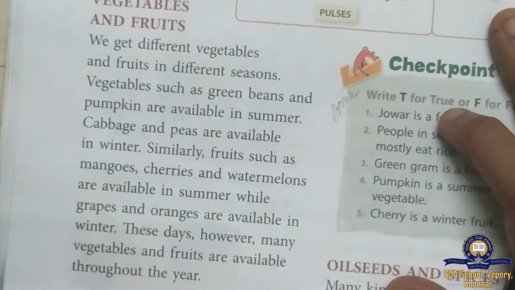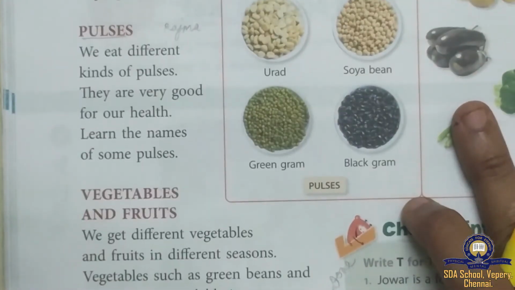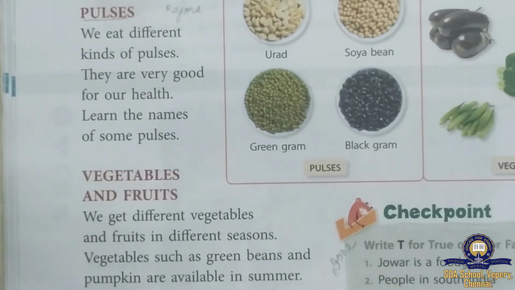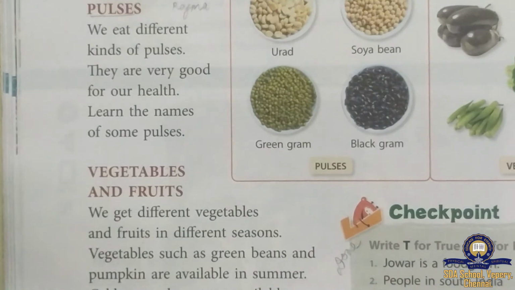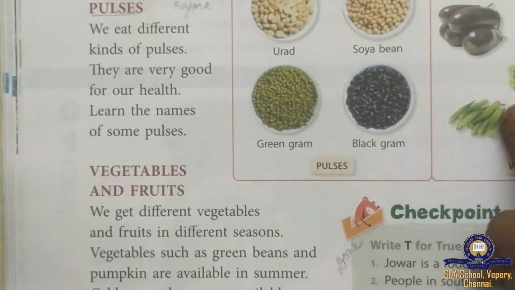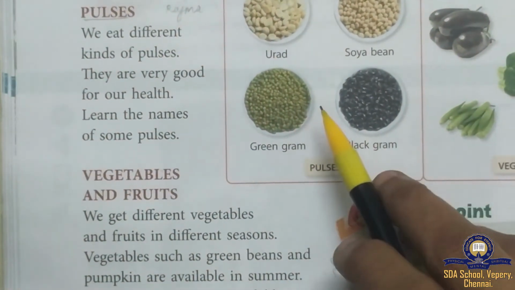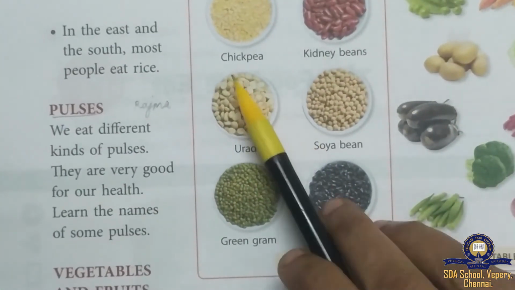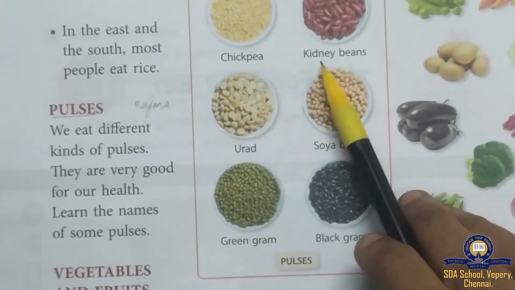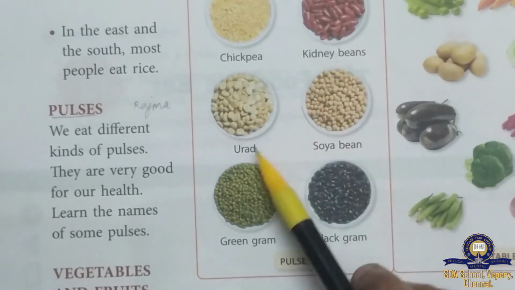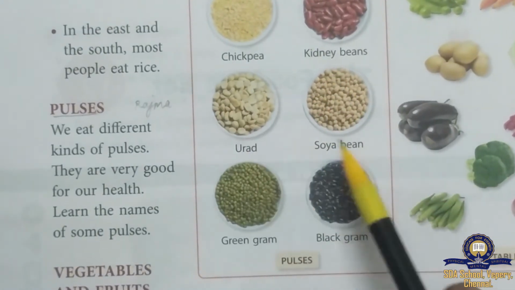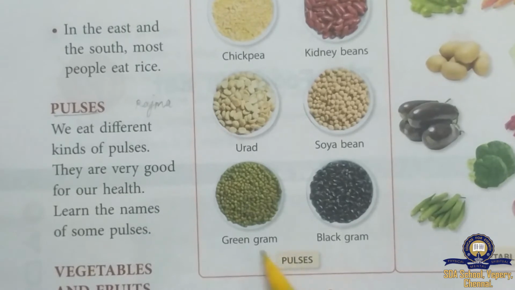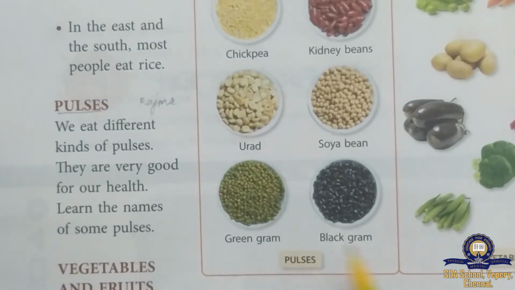Next we learn about the pulses. What are pulses? You can look at the picture. Pulses are of different types. This is a chickpea, this is kidney beans, this is urad, soya bean, green gram and black gram.